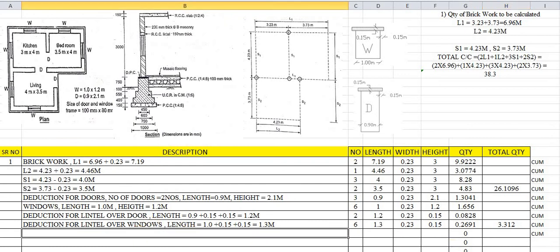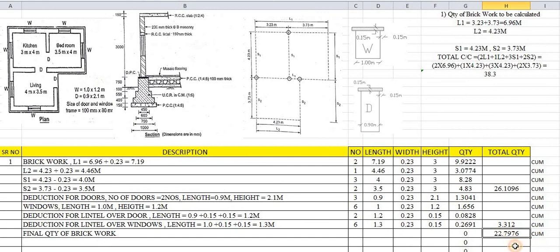So here after this we will find out the total quantity, or we can use the word final quantity of brickworks. So here we will provide the final quantity of brickworks. That means this quantity minus the deductions will be the final quantity. So this quantity minus this quantity will be the total quantity of brickworks.